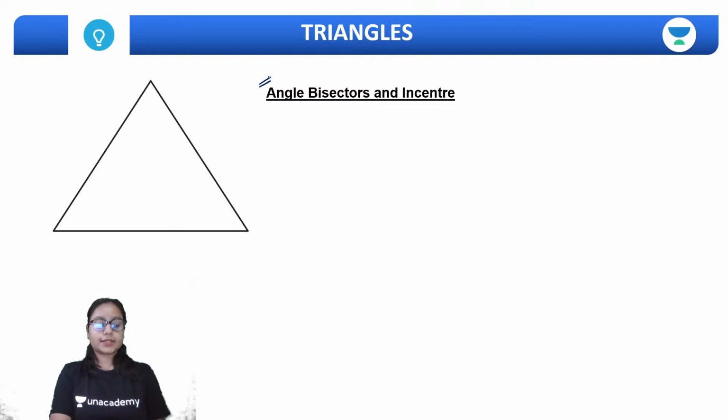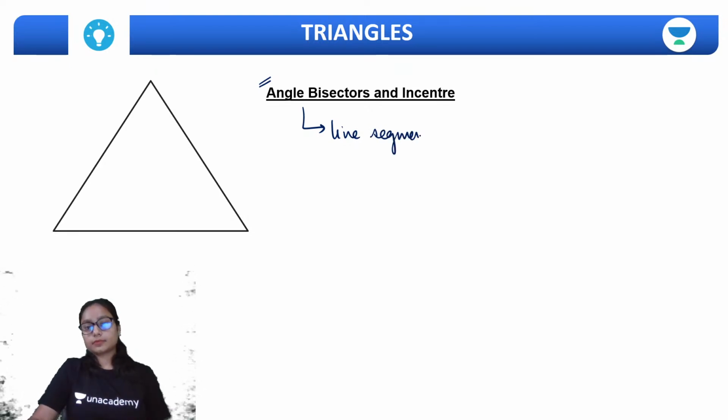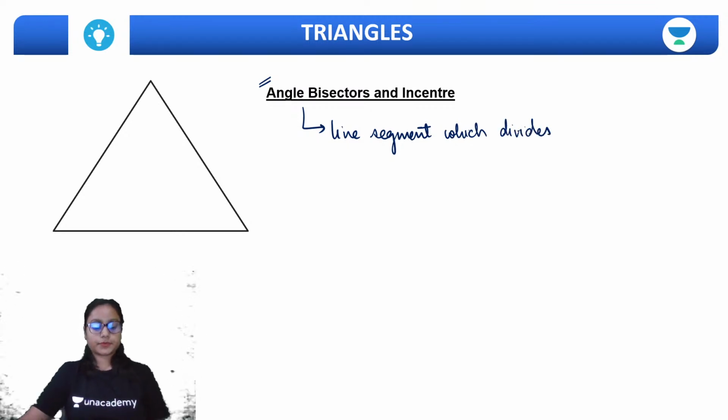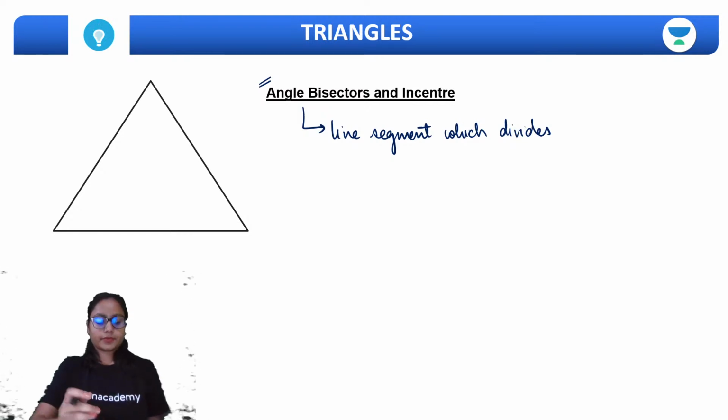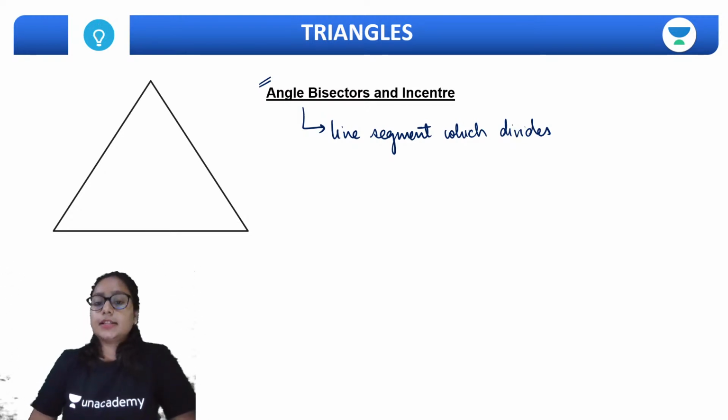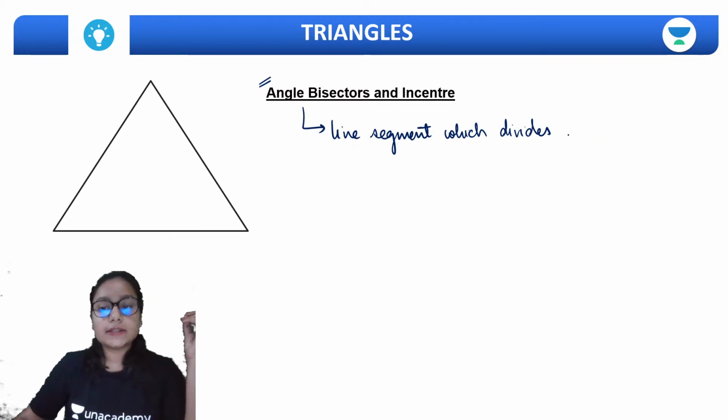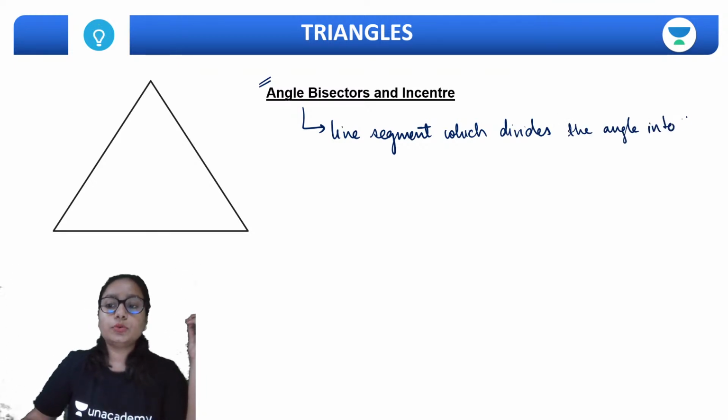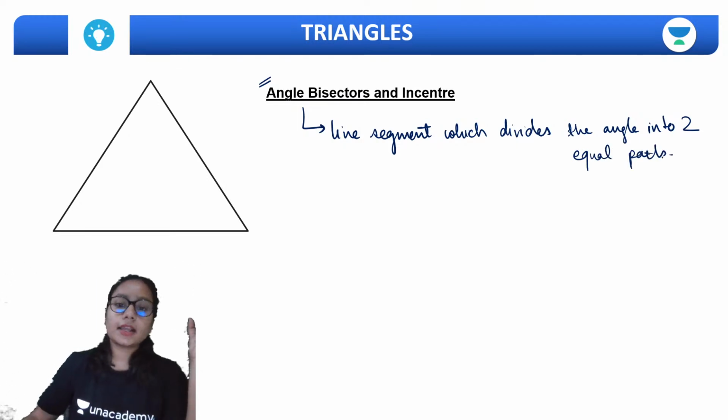What is an angle bisector? Correct. This is the line segment which divides the angle into two equal parts. Okay. This is an angle bisector.